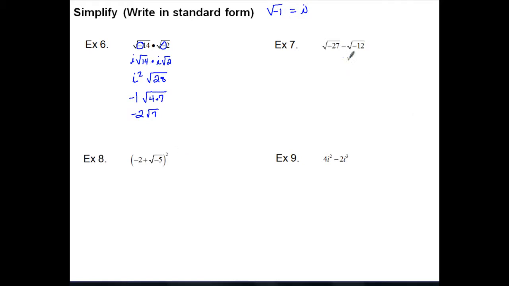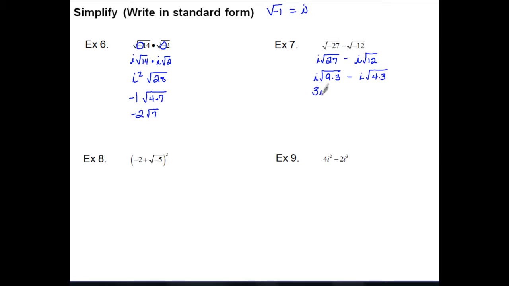Alright, on number 7, we're not multiplying, but we're subtracting, but we need to do the same thing. We need to simplify these before we do anything else. Pull the i out here, minus, pull the i out there. Now I need to simplify square root of 27 and square root of 12. 27 is 9 times 3. 12 is 4 times 3.